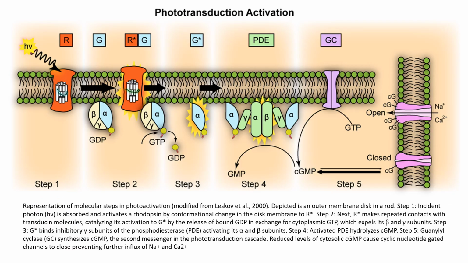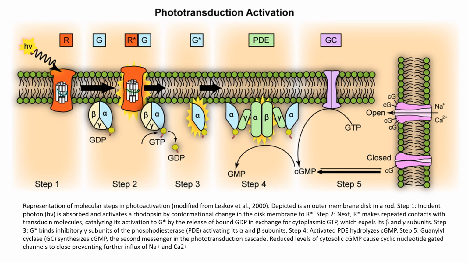Representation of molecular steps in photoactivation, modified from Liskov et al., 2000. Depicted as an outer membrane disk in a rod. Step 1, incident photon, h nu, is absorbed and activates a rhodopsin by conformational change in the disk membrane to R star. Step 2, next, R asterisk makes repeated contacts with transducin molecules, catalyzing its activation to G asterisk by the release of bound GDP in exchange for cytoplasmic GTP, which expels its beta and gamma subunits.